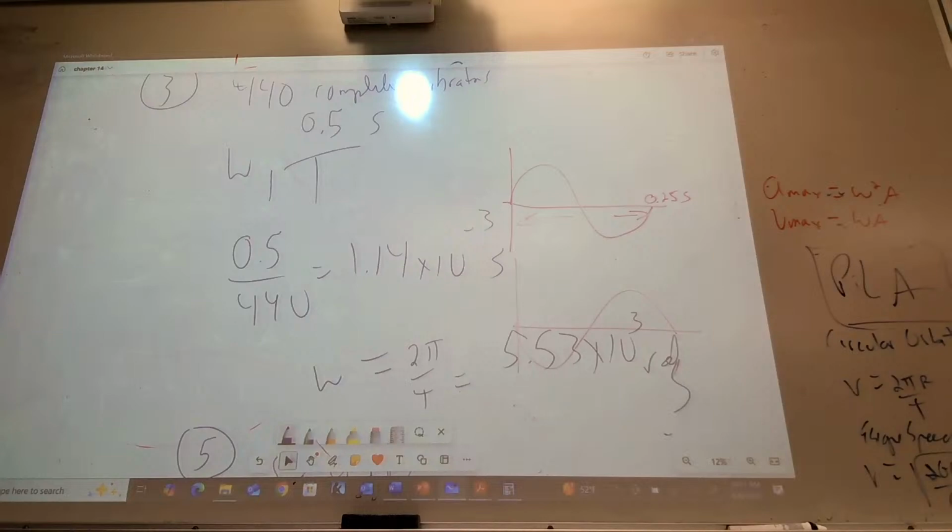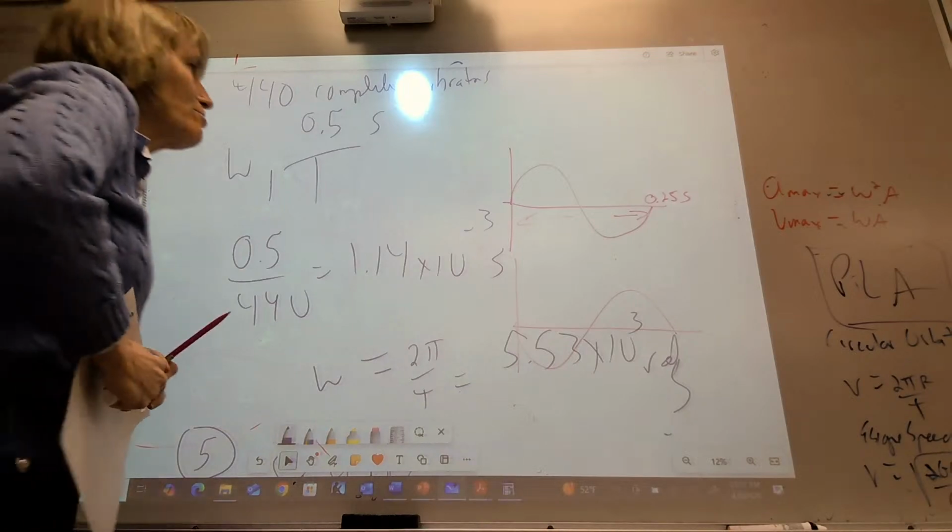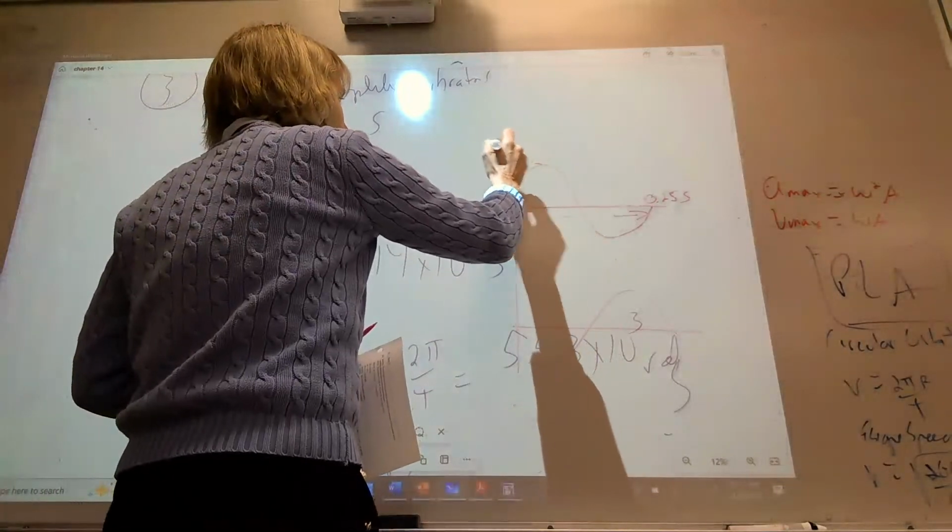We want to know the time that they asked to go from 0 to negative 1.8. Okay, so that is the time. This is positive 1.8.